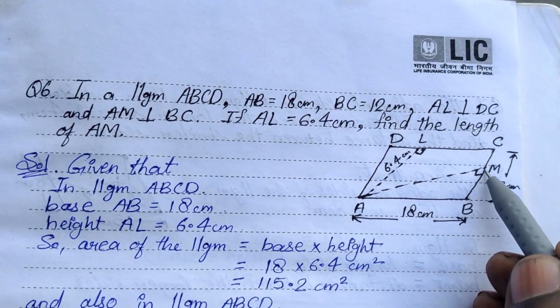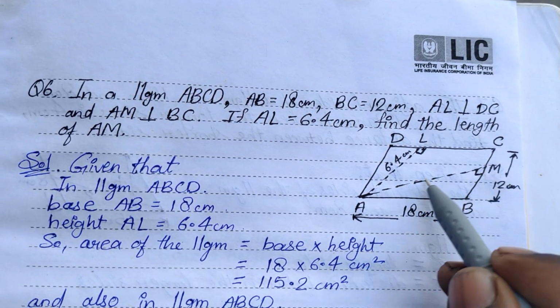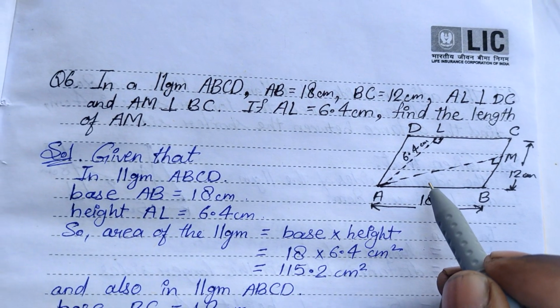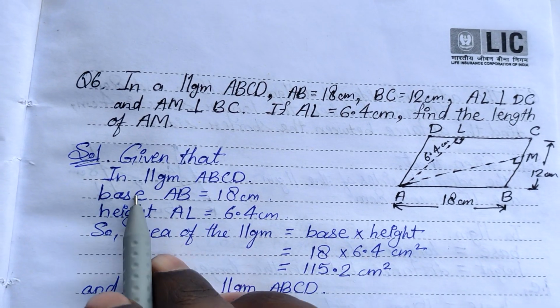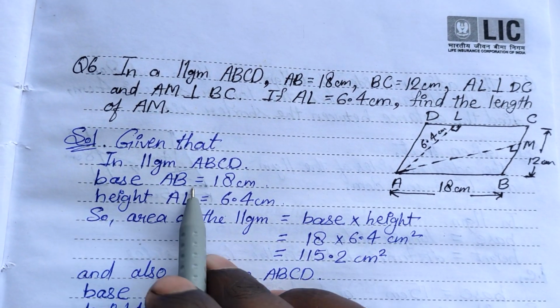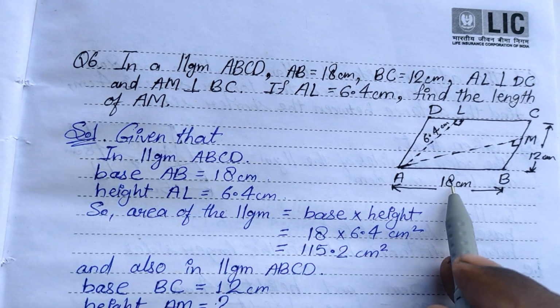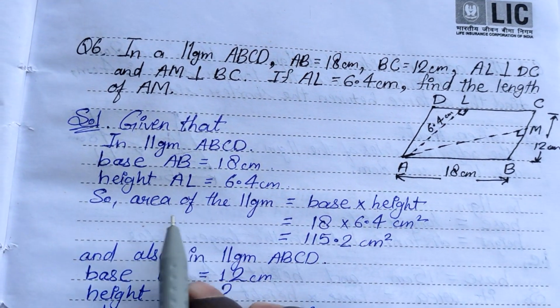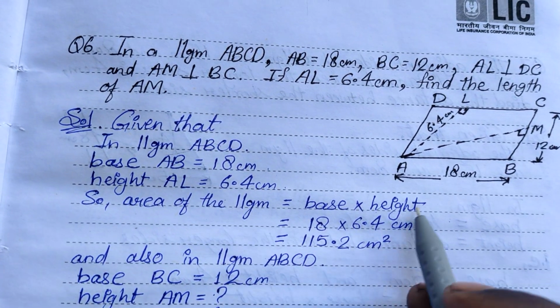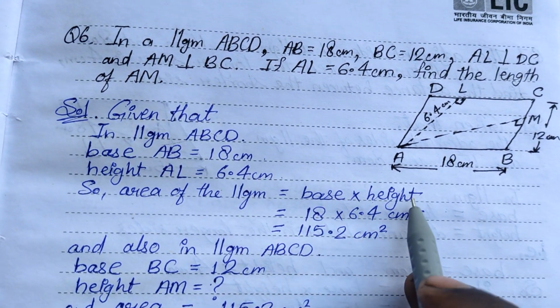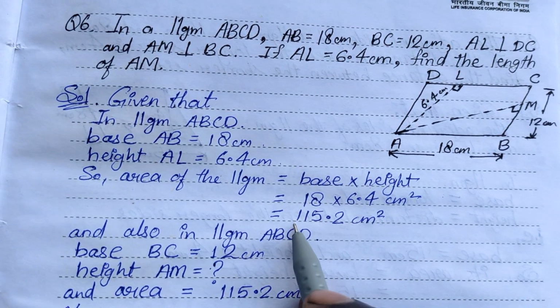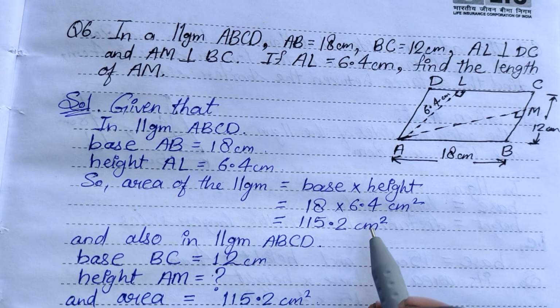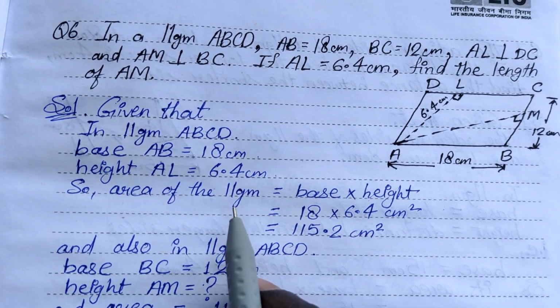We have to find the AM. We have to find the height here. Now see that given that in a parallelogram ABCD, base is equal to AB. This is the base AB, 18 cm. Height AL is 6.4 cm is given. So find the area of the parallelogram. Base into height. Multiply base with height. We have 115.2 cm square, the area of the parallelogram.